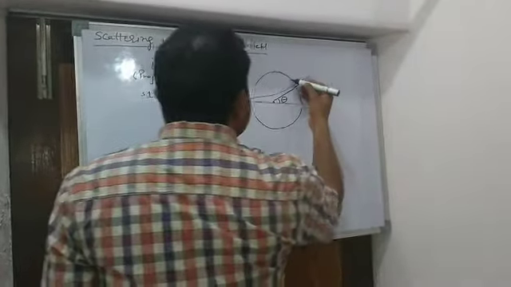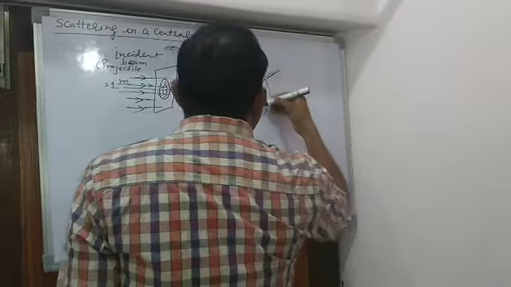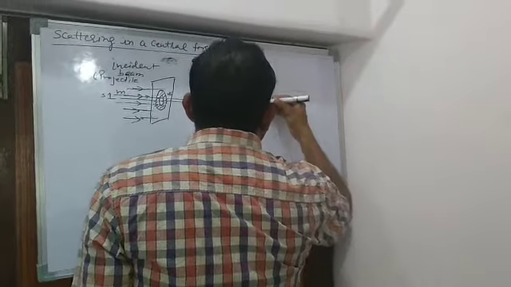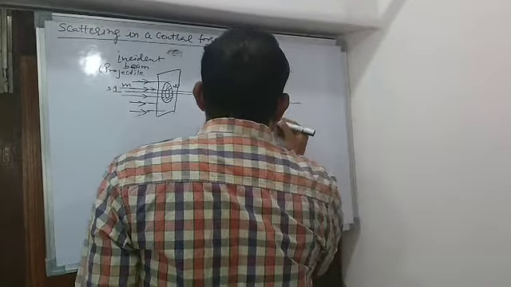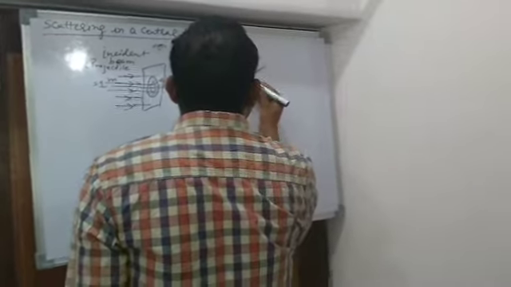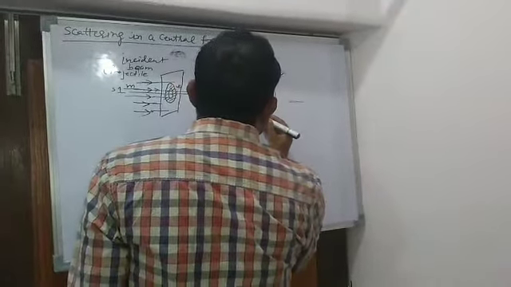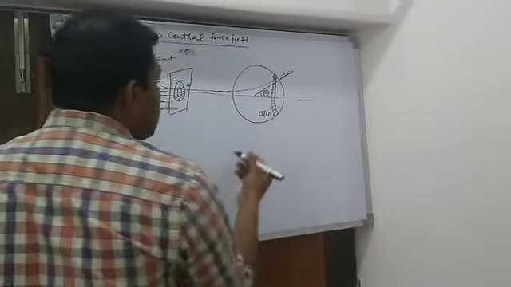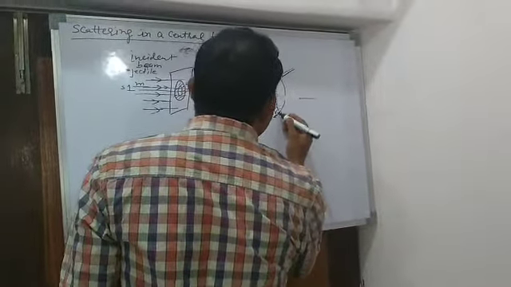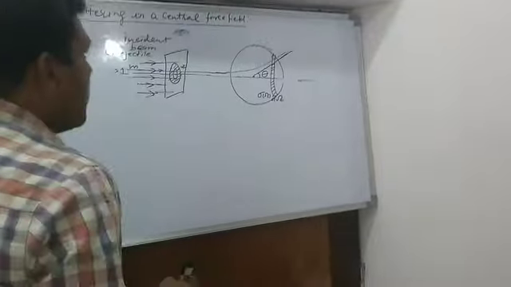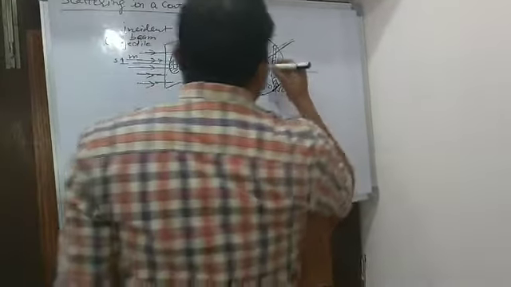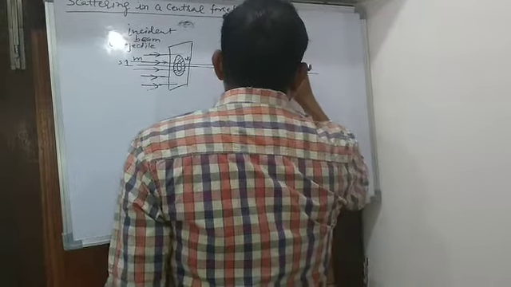Because this is a beam, it will affect a whole lot of solid angle. So this whole strip is going to be the sigma omega, which is the scattering cross section, and this is going to be the whole solid angle d omega. So let me tell you what this is.